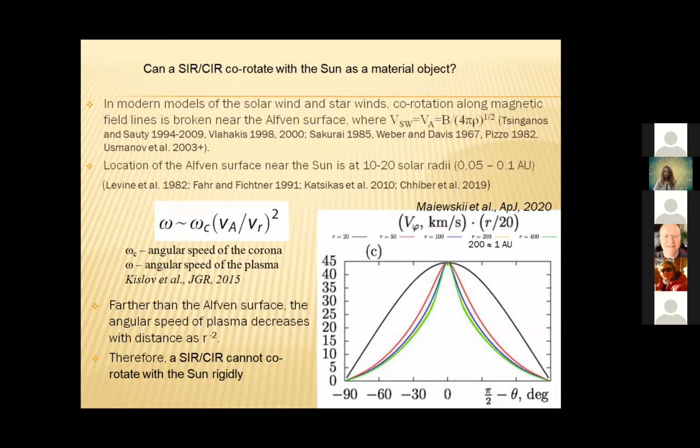Beyond the surface, the angular speed of plasma decreases according to the inverse square law. There are many corresponding estimates of the angular speed. You can see two estimates here. One estimate is analytical, and the second is based on a numerical model.